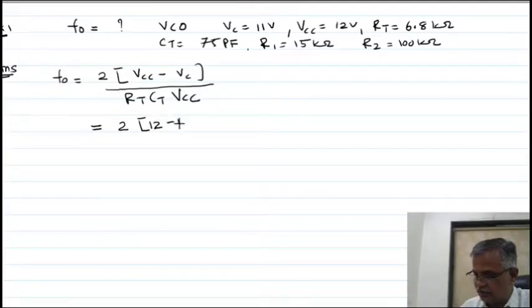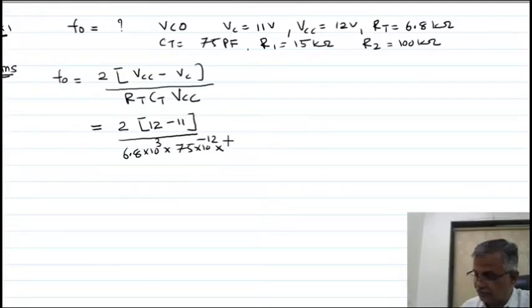VCC they have given 12 volt, VC they have given 11 volt, timing resistor they have given 6.8 kilo ohm, CT they have given 75 PF, that is 75 into 10 raised to minus 12.